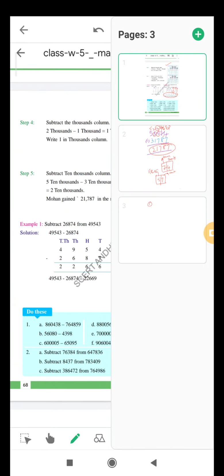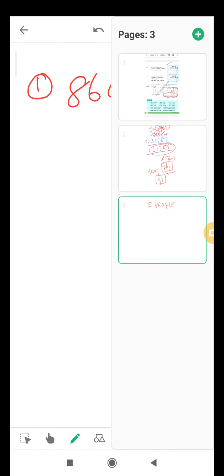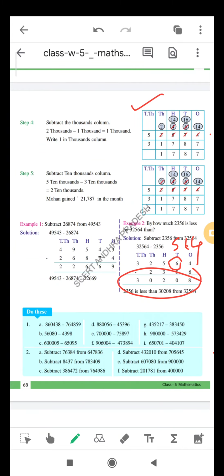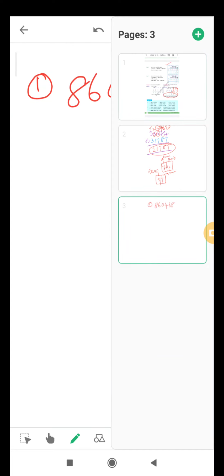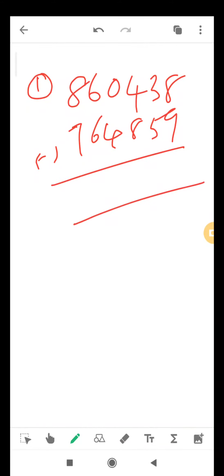860438. And we have to subtract how much? 764859. This is to be subtracted. Same rule will follow.